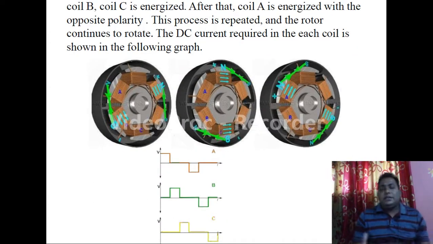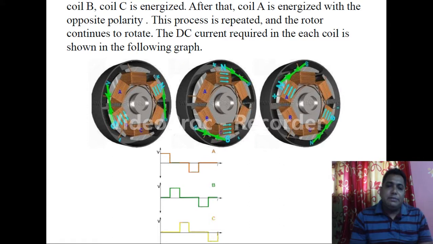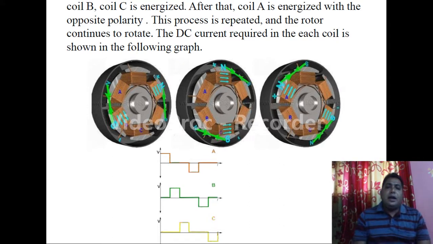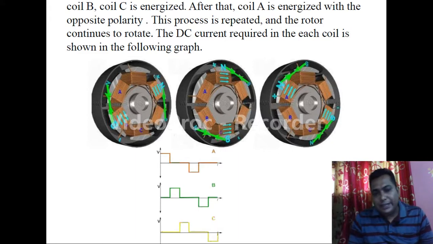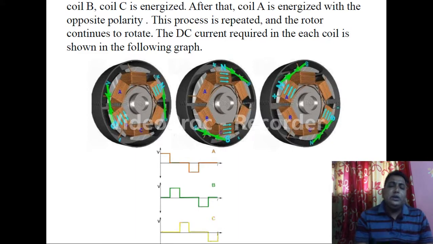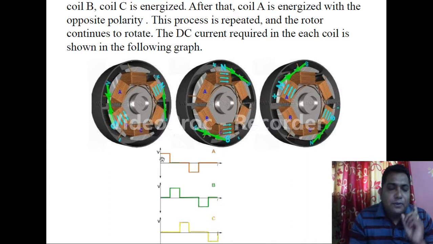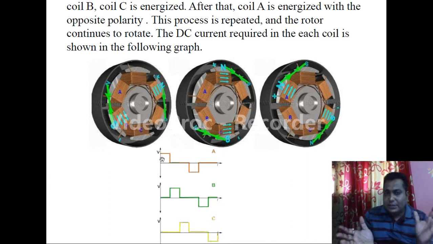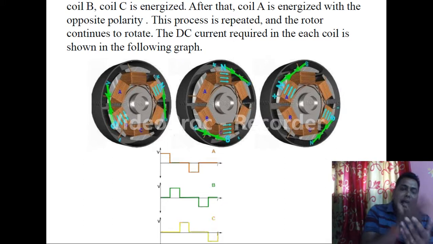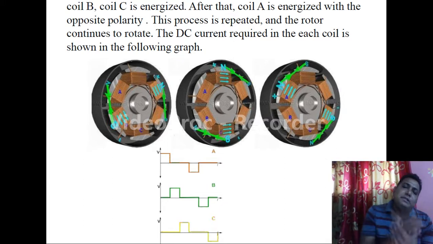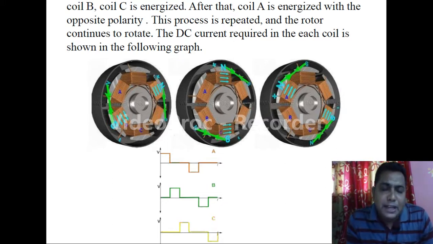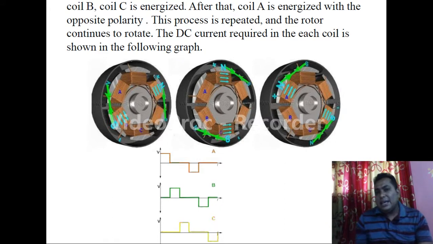Now this particular diagram is a very important diagram. Here the three phase waveforms are represented, and very interestingly you can see, there are three coils, as we know. The three coils are energized by some electronic devices sequentially.